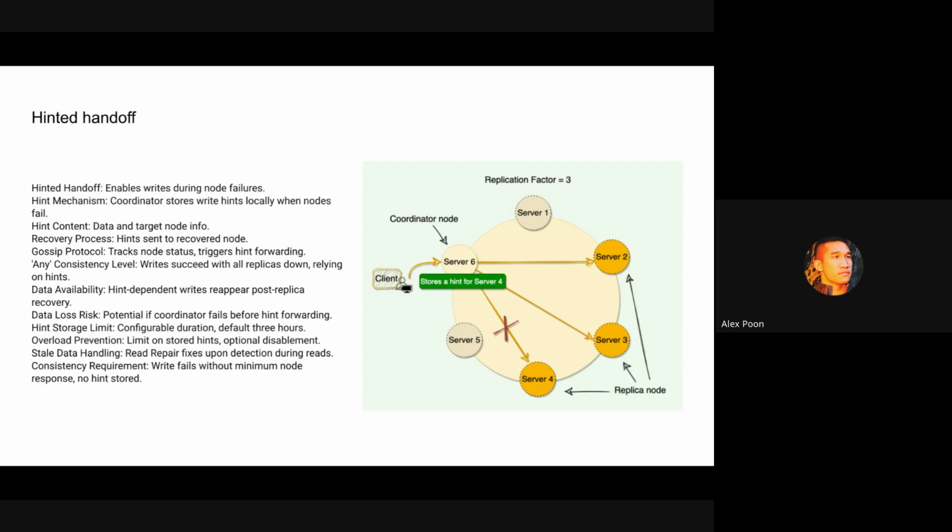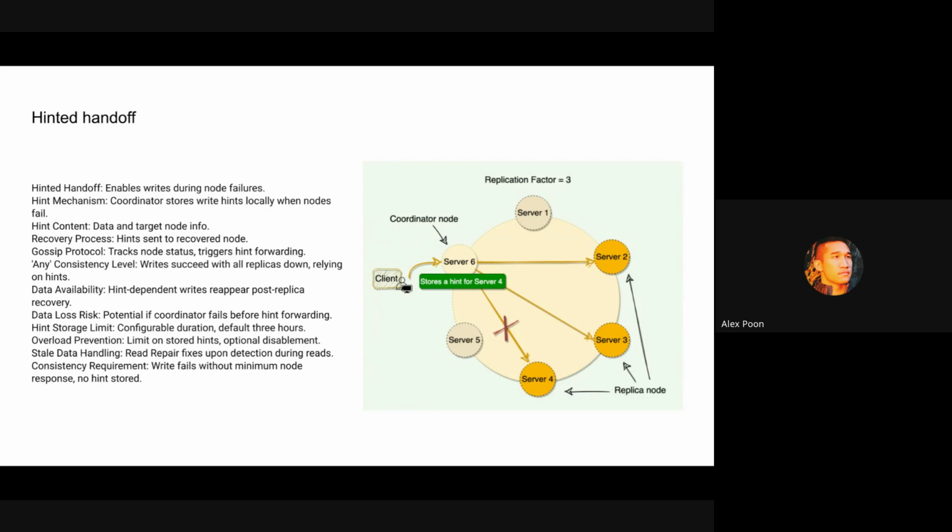With a consistency level any, if all replica nodes are down, the coordinator node will write the hints for all the nodes and report success to the client. However, this data will not reappear in any subsequent reads until one of the replica nodes comes back online and the coordinator node successfully forwards the write request to it.